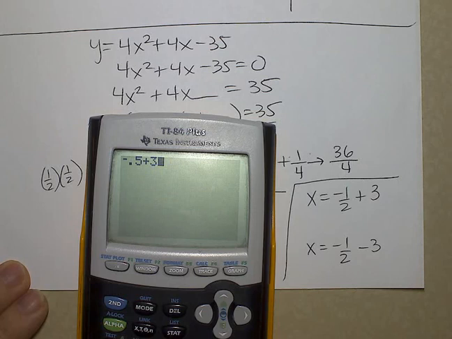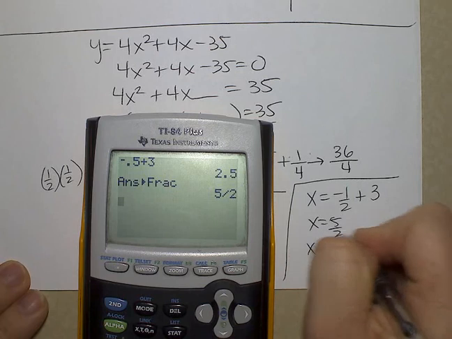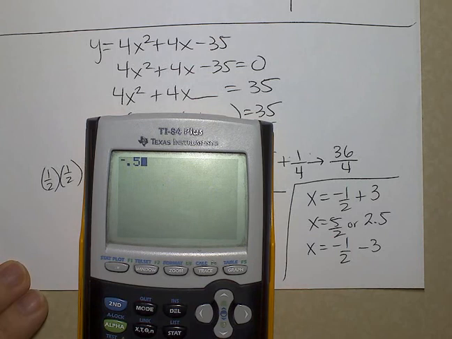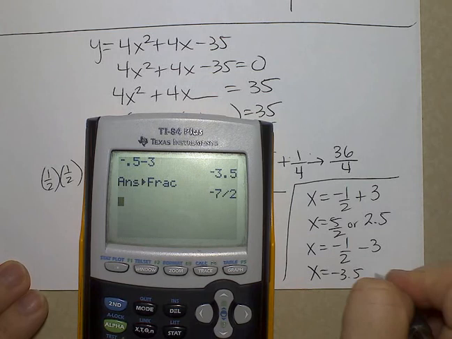So negative 0.5 plus 3 is 2.5. You could write it as a decimal, or you could write it as a fraction, your choice. Then again, negative 0.5 subtract 3, you could write negative 3.5, or you could put it into a fraction form for negative 7/2.